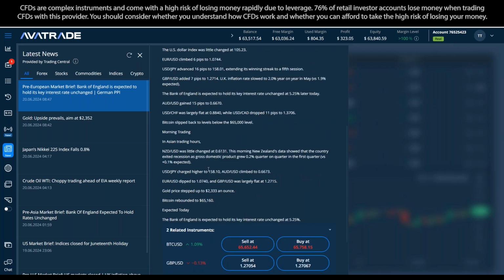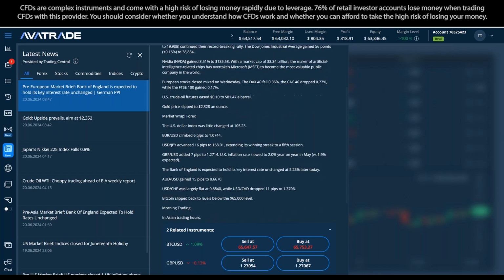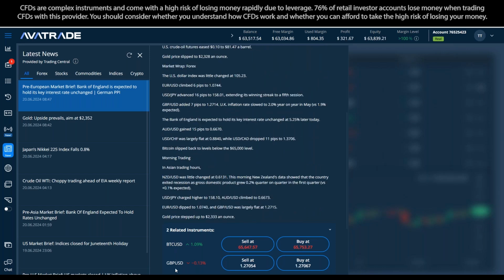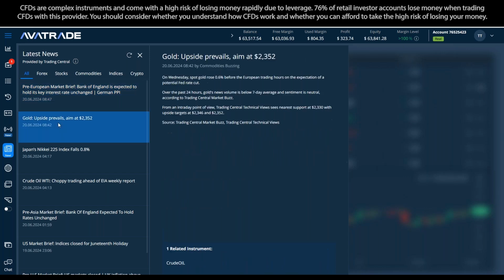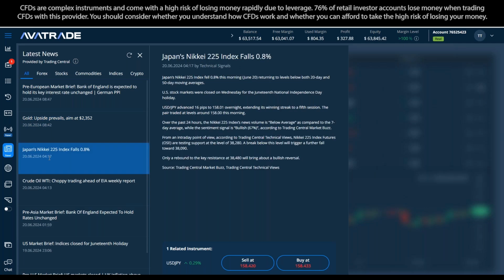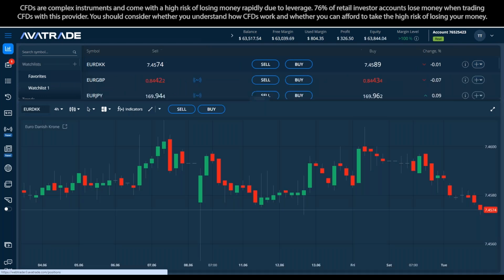Okay, so based on this news up here, it suggested you might want to trade either on Bitcoin or GBP USD. Okay, based on this news here, it suggests you might want to trade on crude oil, okay, etc. So that's a big time saver because it summarizes a lot of fundamental news for you right in that news feed.